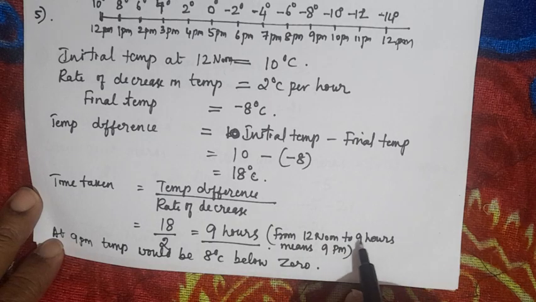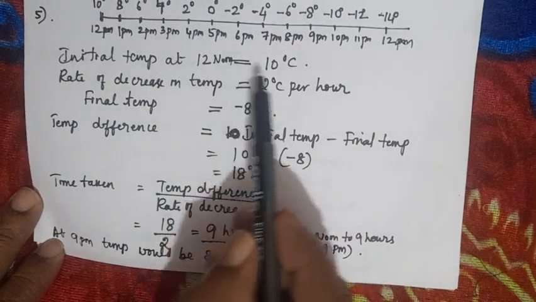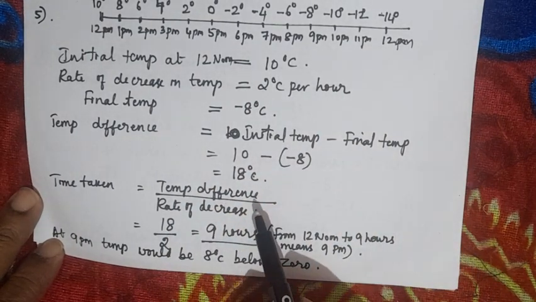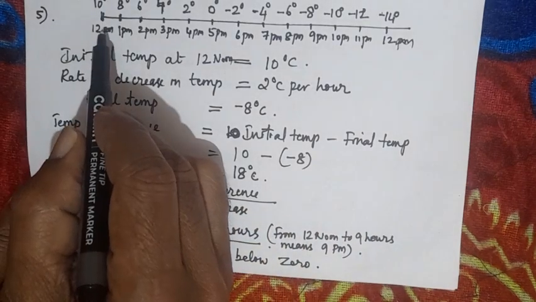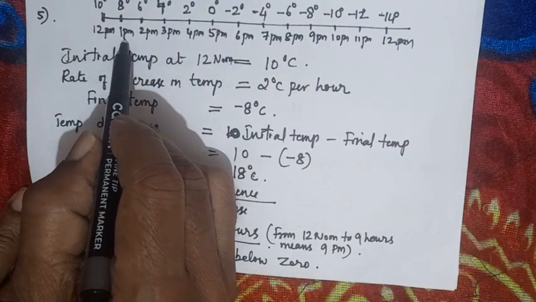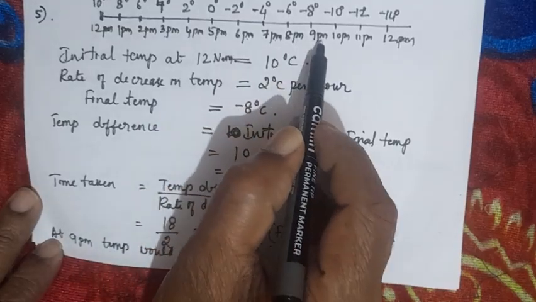From 12 noon, 9 hours means 9 p.m. From 12 noon it's 10 degrees, and after 9 hours, that is 9 p.m. You just see now here: 12, 1 hour, 2 hours, 3 hours, 4 hours, 5 hours, 6 hours, 7 hours, 8 hours, 9 hours.